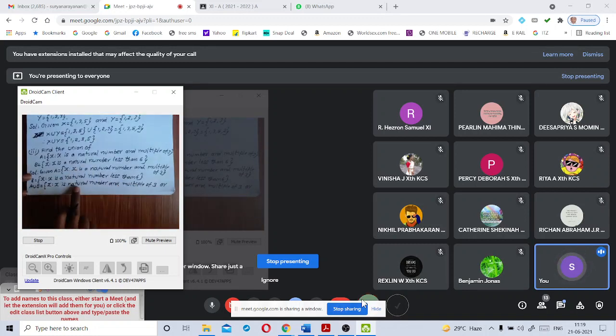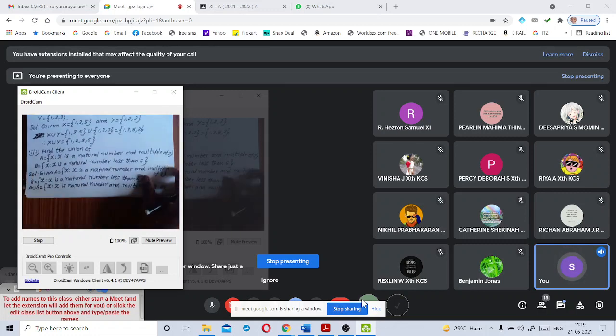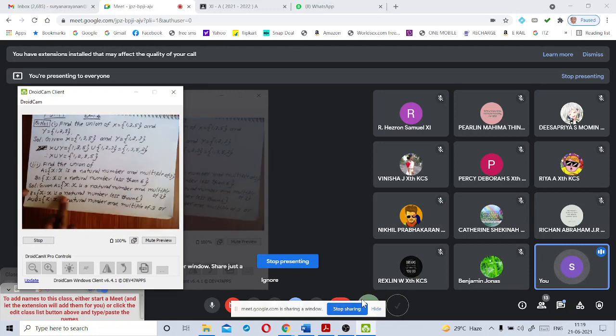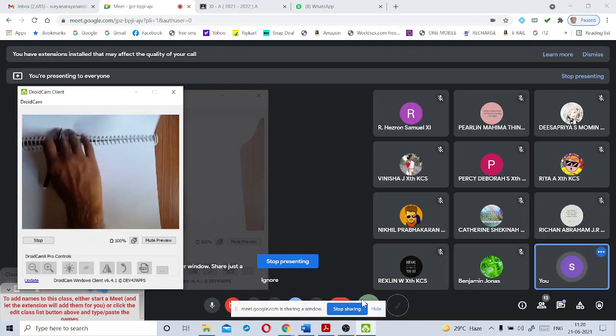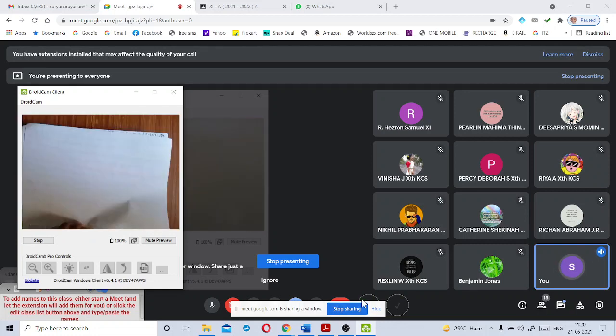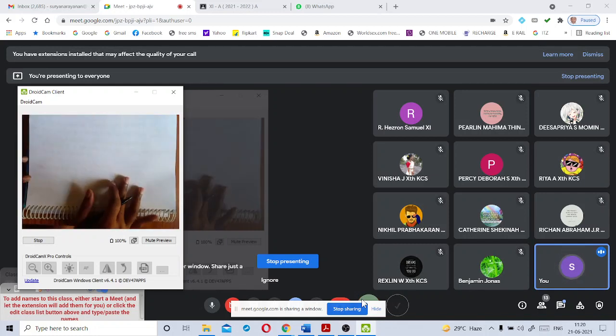X is a natural number and a multiple of 3, or x is a natural number less than 6. So no need to repeat x is a natural number, because we have already written it. X is a natural number and a multiple of 3, or x is less than 6. That's all.